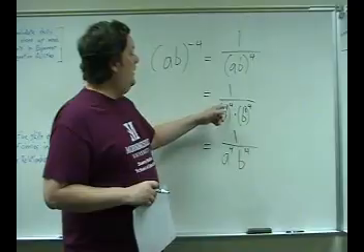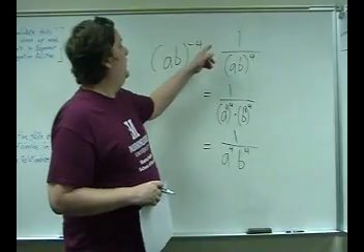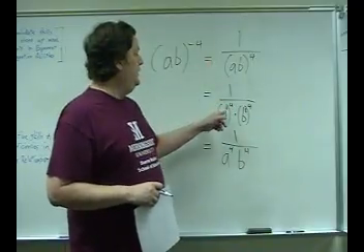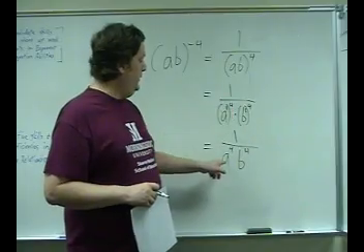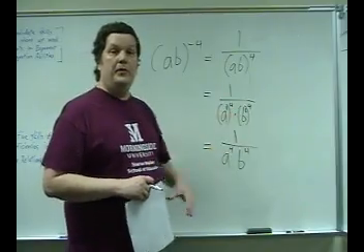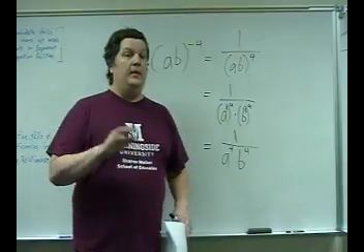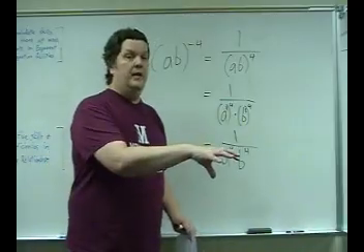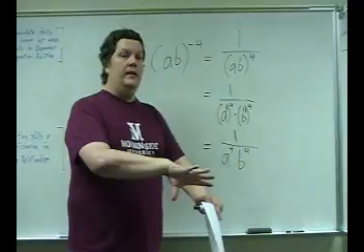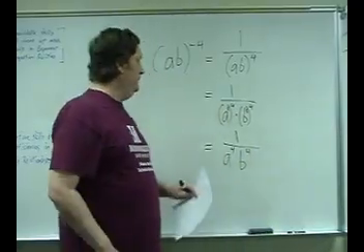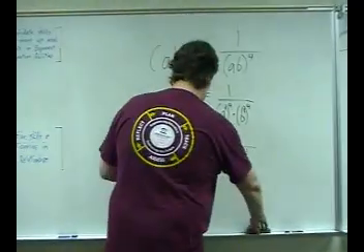So A to the 1 raised to the 4th power, using the power of power rule, is the same as A to the 1 times 4, which is A to the 4, and we have the same result with B. And again, whatever happened with A affected A, whatever happened with B affected B. You've got to keep them separated.